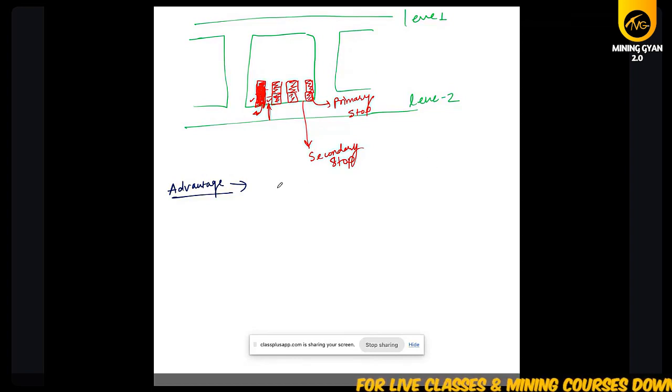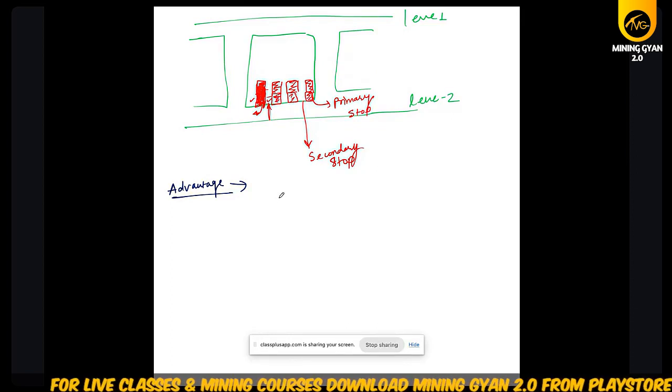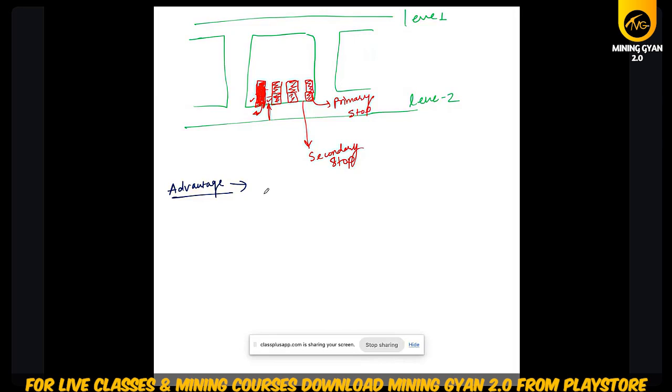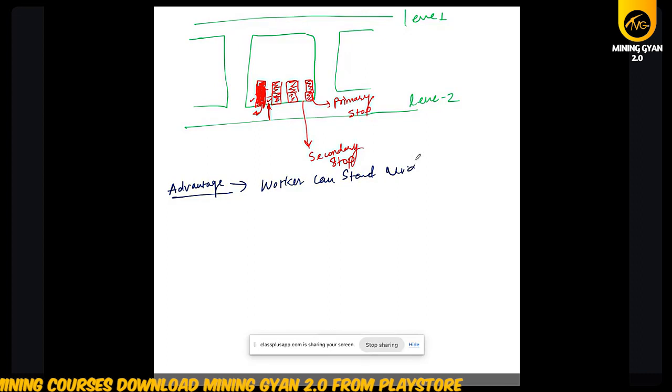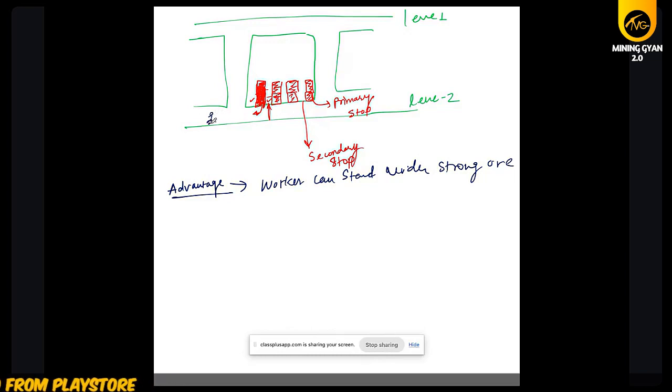So if I am giving, write it down, otherwise write a book if you have time. Okay, in sub level stoping advantage: in this method workers can stand under strong ore. The worker can stand here, can stand here. So the worker will be safe.